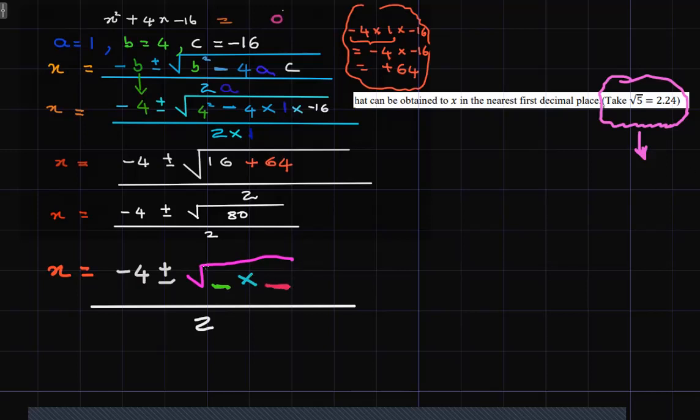What should you write in the green blank? It should be a square number. And what can you write in the red blank? It could be anything. But in this question, they have made it easy by giving us a hint. Take root 5 as 2.24. So what would you write in the red blank? 5.